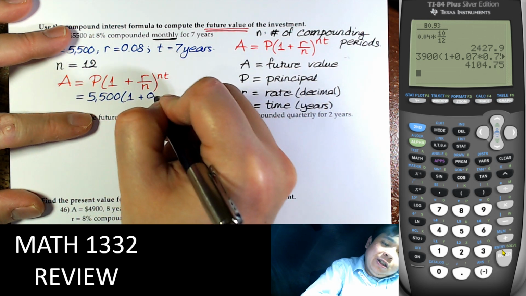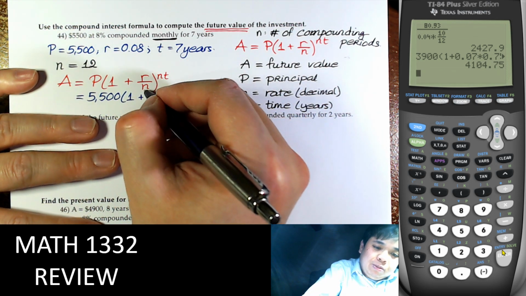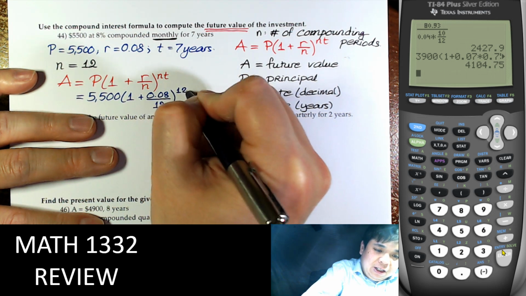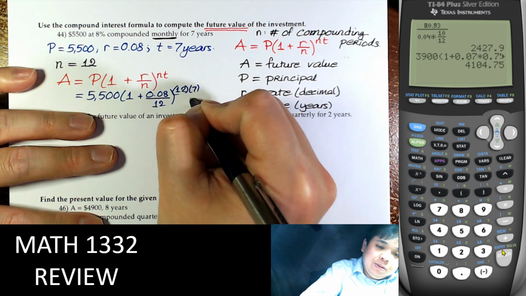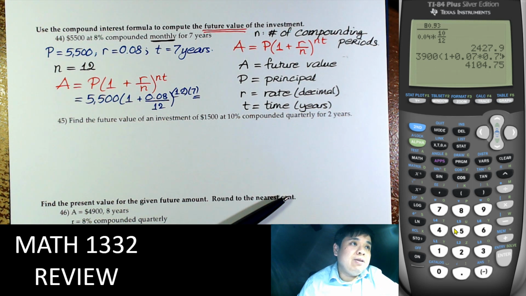The rate over n, so that's 12 over 12 times 7. So 5,500 times 1 plus 0.08 divided by 12, to the power of 12 times 7.